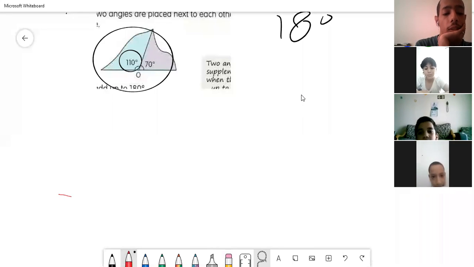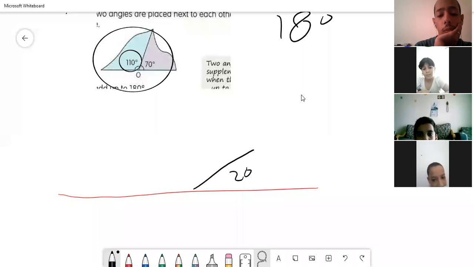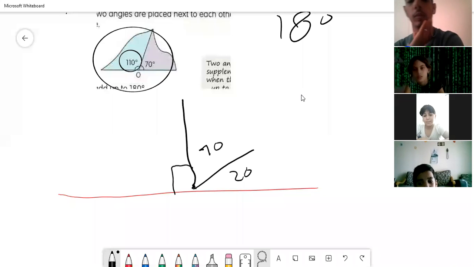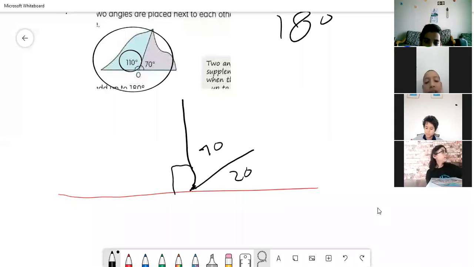This is a straight line. This is 20, for example. This is 70. What's the size of this? 90. Why 90? Because they are on the straight line, and the straight line is 180.